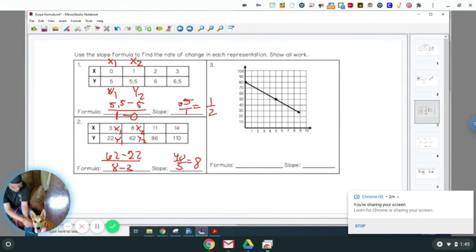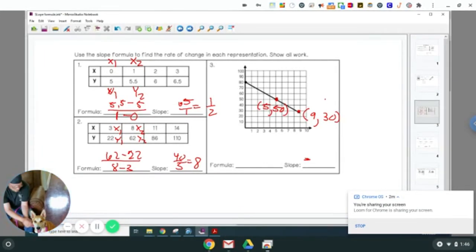And then here on your graph, you can just do the coordinate points or the rise and the run on here. And since this is negative, this coordinate point will be (9, 30), and then this one will be (5, 50).